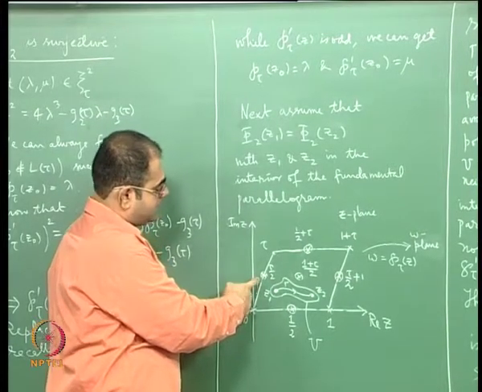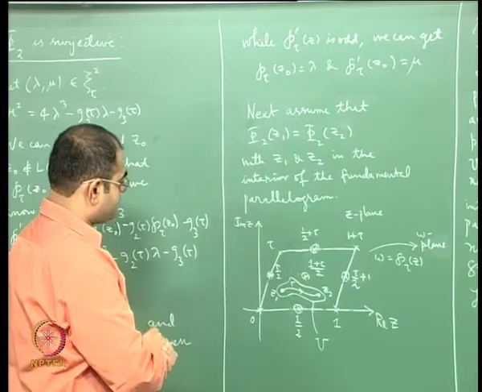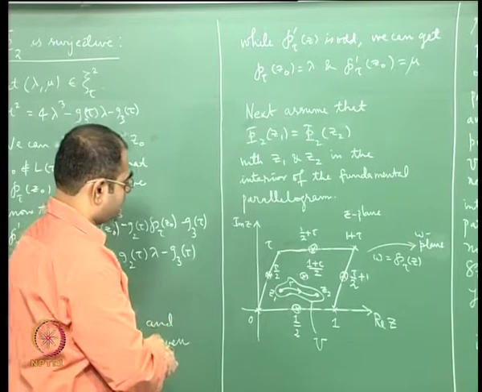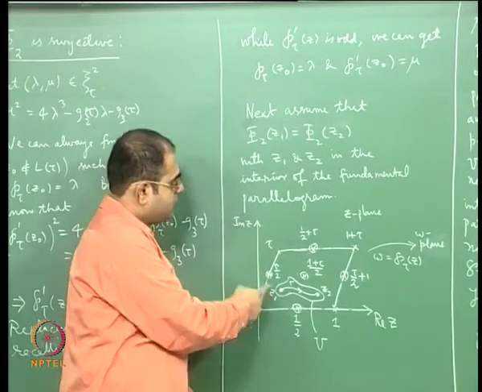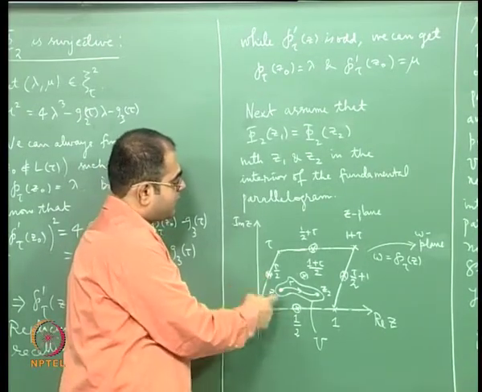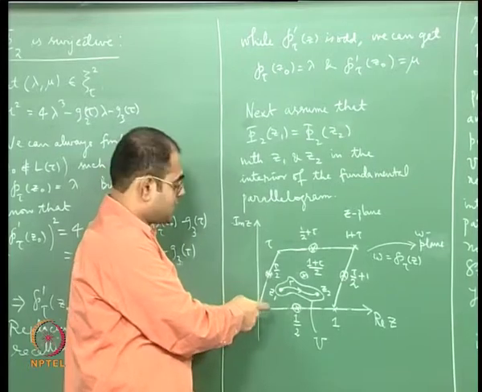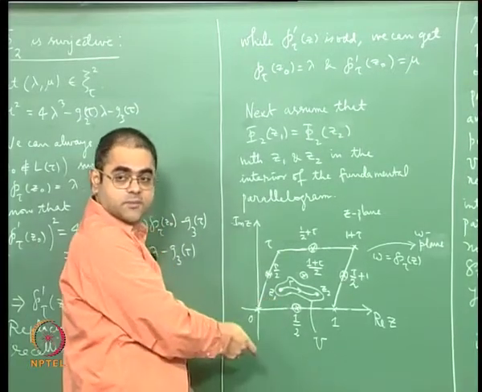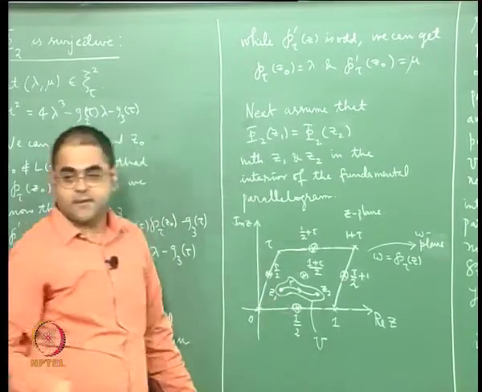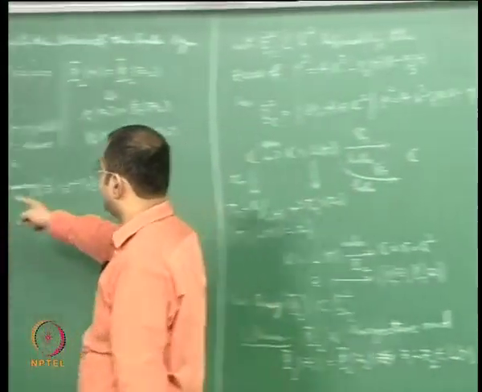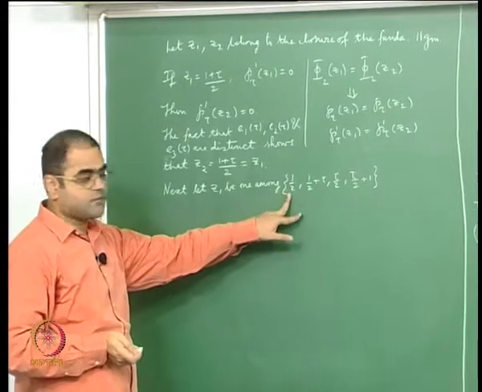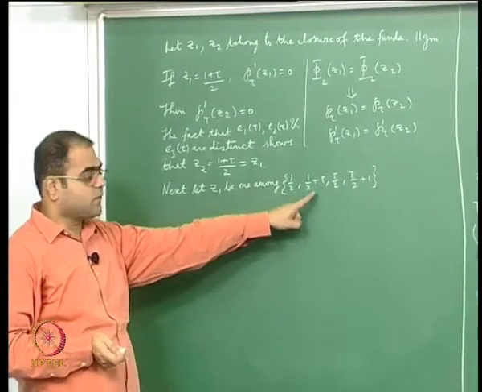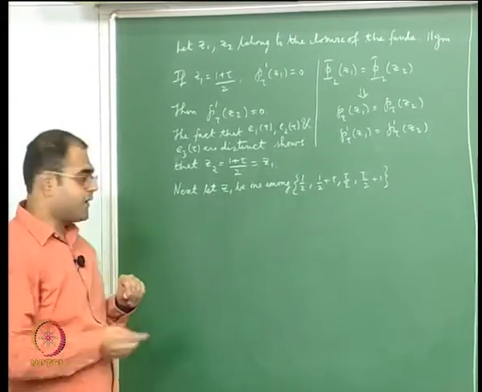Essentially in that situation the phi values being the same again will tell you that E1 is equal to E2, for example, and that is not possible. So again essentially the distinctness of the Ei's will tell you that if z1 is one of these, then z2 is the other one which is translated by 1 or tau.